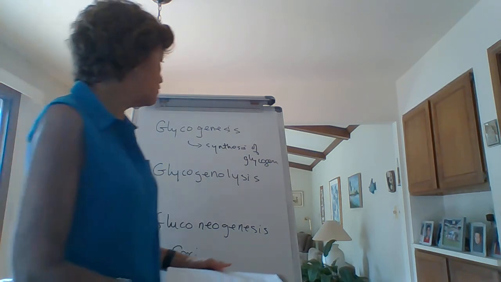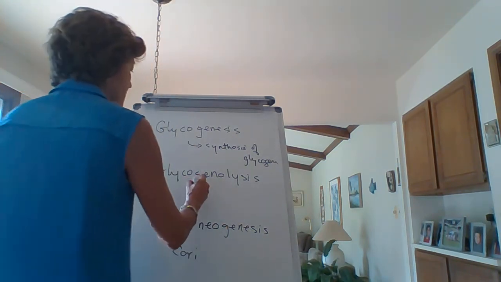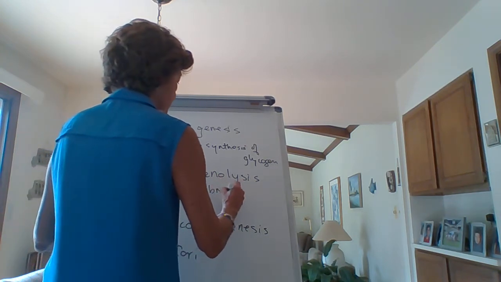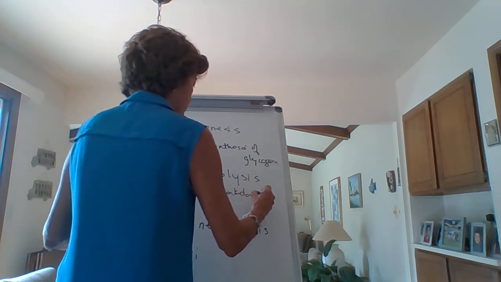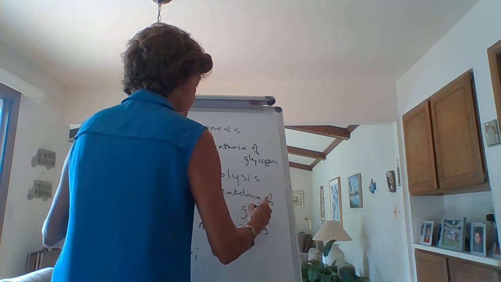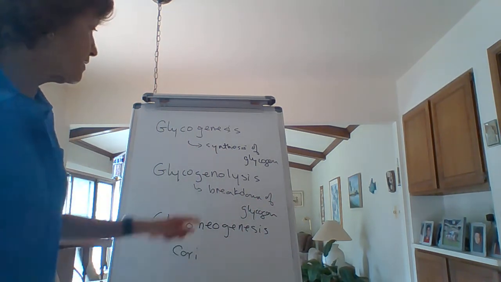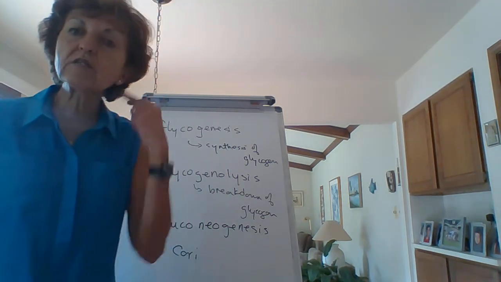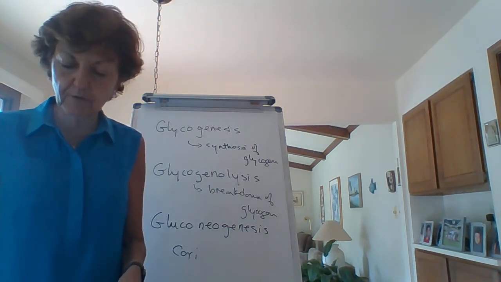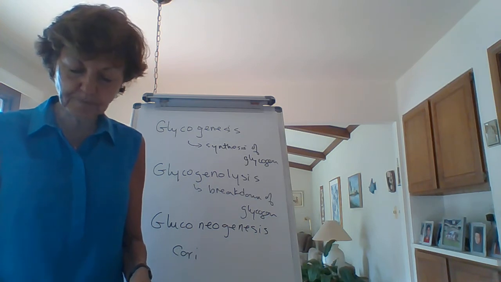So glycogenolysis is the breakdown of glycogen. Okay, the hormone that is involved with this, we mentioned it before, it's glucagon, not to be confused with glycogen.